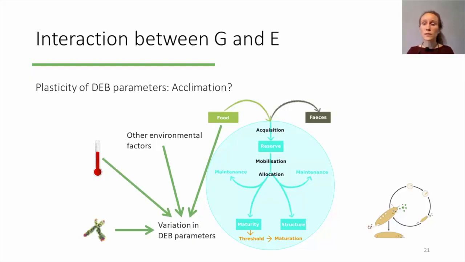So we could think that, for example, organisms that would have been exposed to different temperature, different food, or different other factors from the environment at a young age would have different values of the DEB parameters later on. And that has been little explored. That could also go through epigenetic effects and parental effects, where actually the environment of the parents could non-genetically influence the DEB parameters of the offspring.